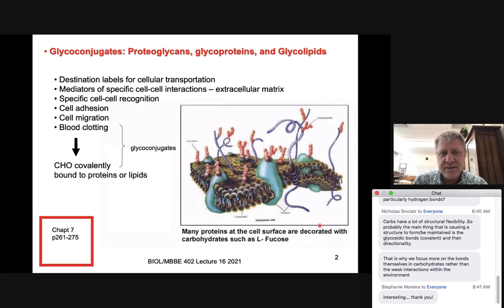We also have cell-to-cell recognition. Carbohydrates can be utilized to recognize self from non-self, and that's very important when we look at blood typing. We also have carbohydrates playing a very important role in cell adhesion. When molecules or cellular organelles need to come together, they might use carbohydrates as a cell-to-cell connector.